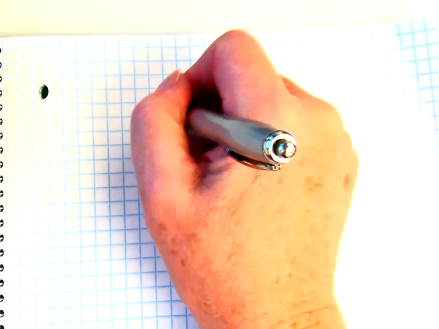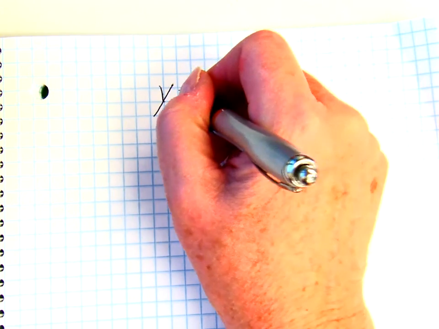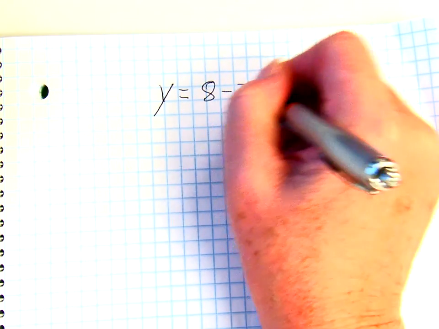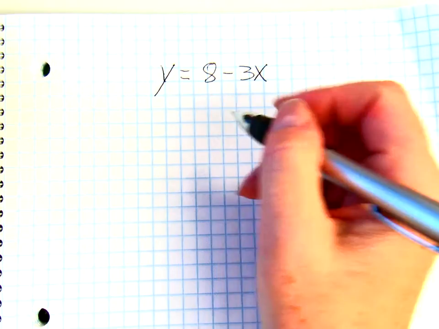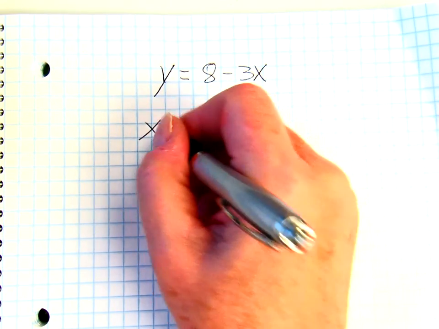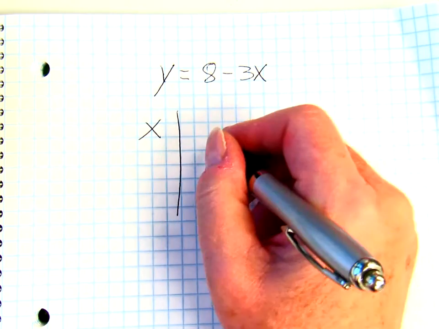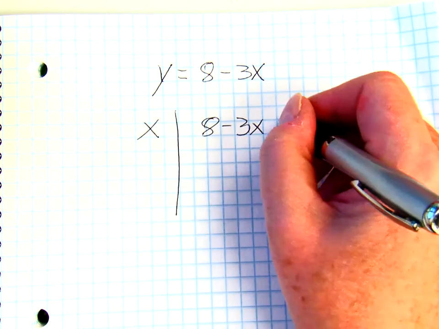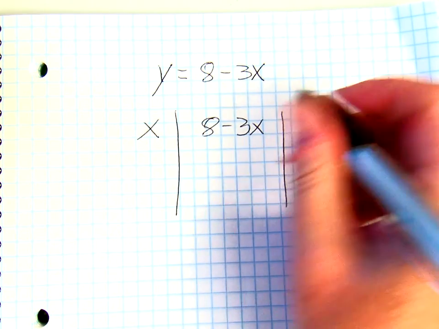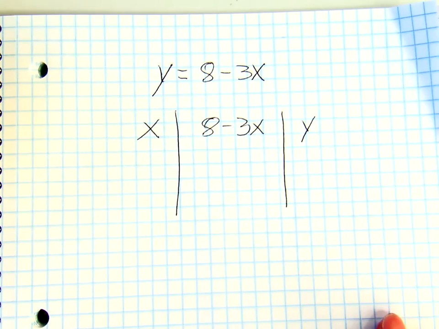We are going to be making tables using this function notation. So if we have, let's say, y equals 8 minus 3x, the way we're going to work with these functions to start is we will have a table that shows our x value, and then our function, 8 minus 3x, and then our y value.